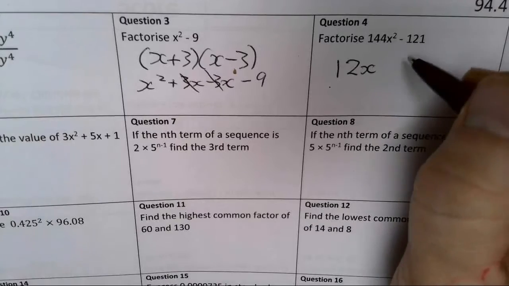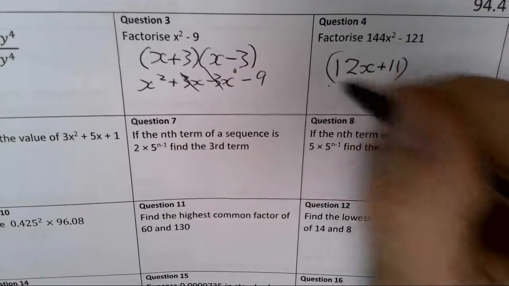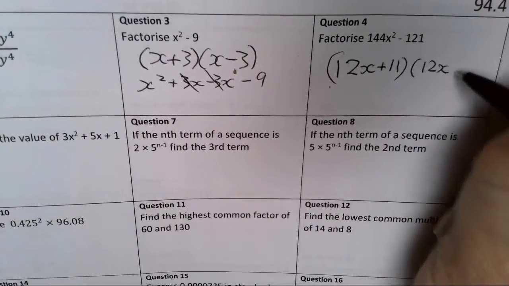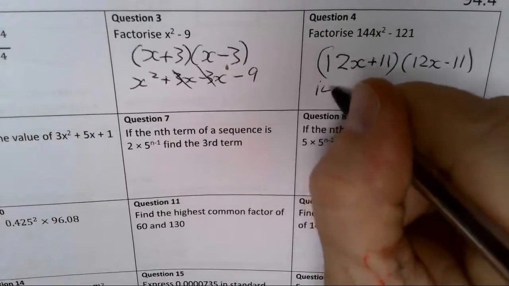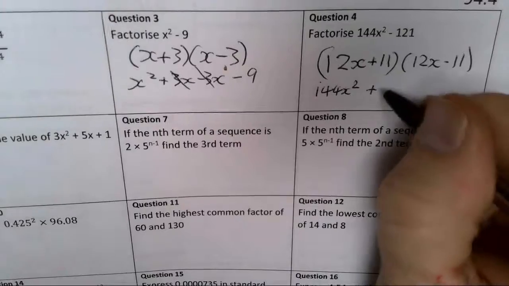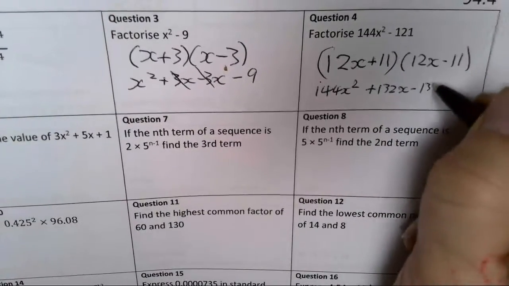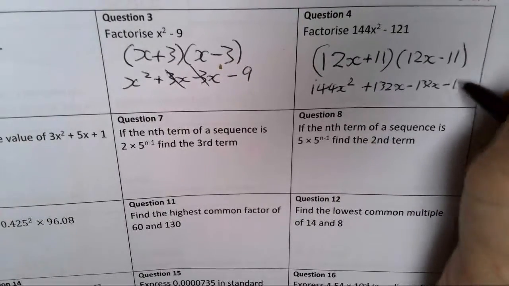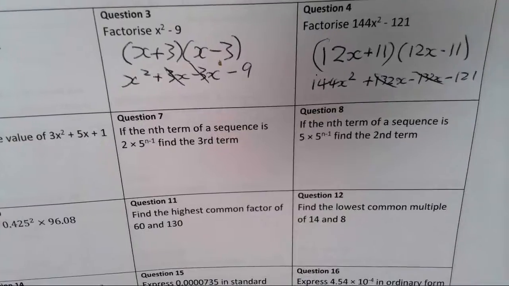And this one needs to be the square of 11, so I'm going to need to have plus 11 and 12x minus 11. Again, when that expanded out, it would give you 144x squared plus 132x minus 132x minus 121. So these would cancel themselves out.